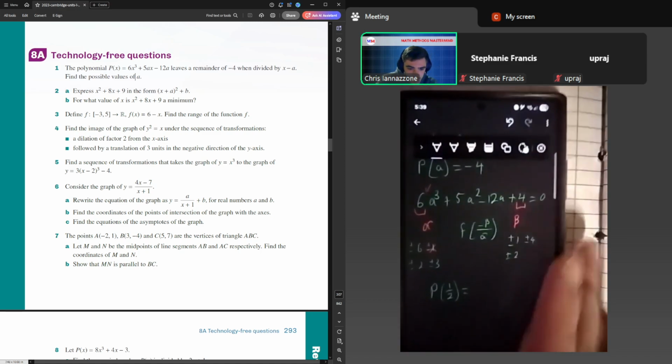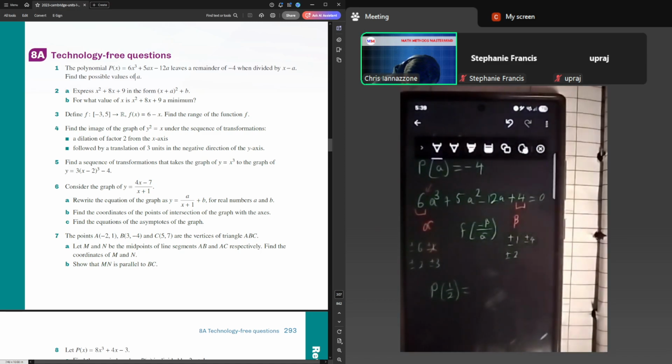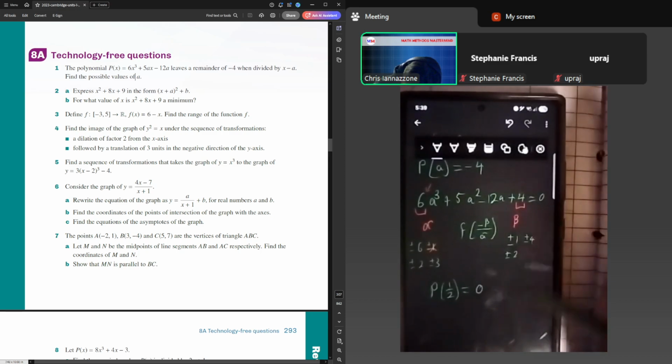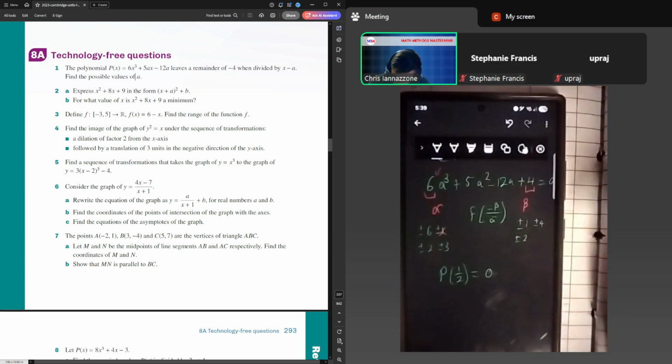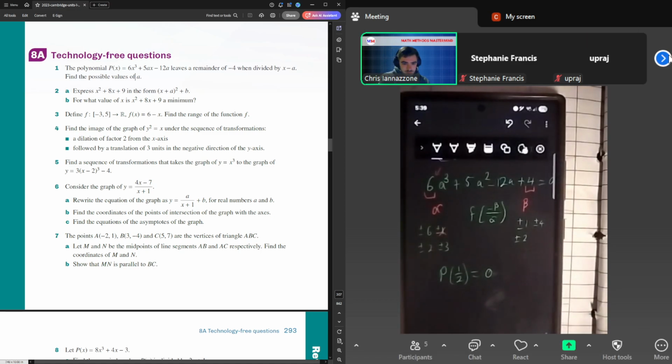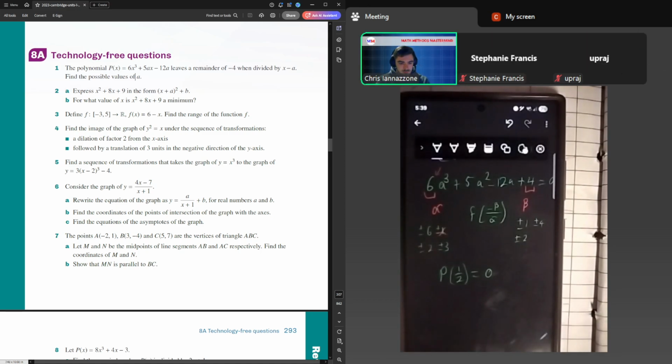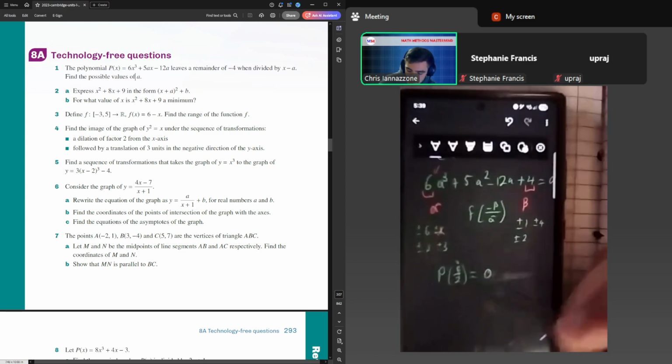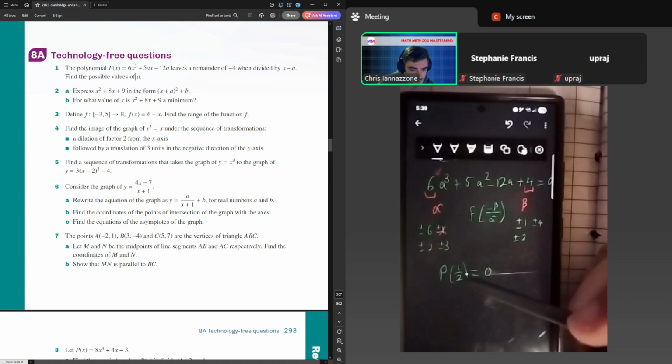What do we do now that we know that equals 0? Remember, we're basically just doing factor theorem again. These terms help us with what?